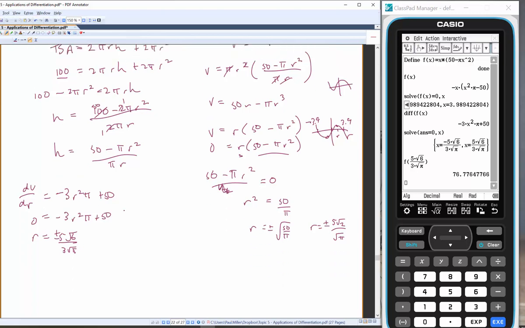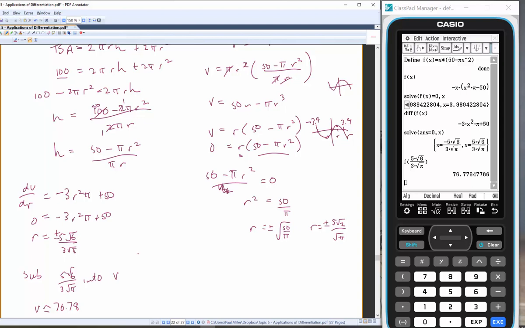So now I'm going to sub 5 root 6 over 3 root pi into V. So V equals, to 2 decimal places in this case, 76.78.